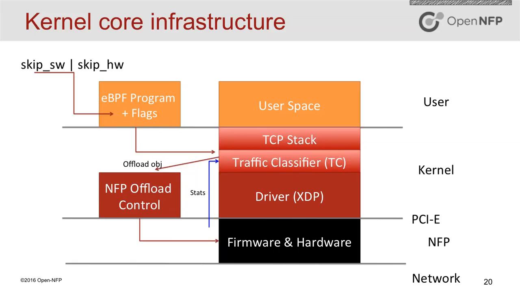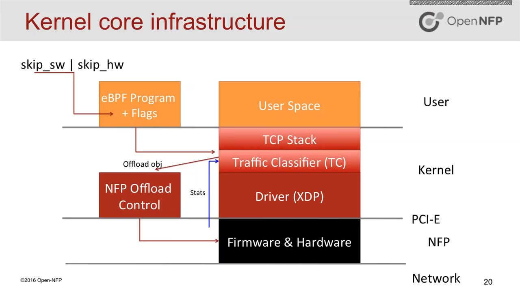Apart from adding the flags, we added the entire path on the left-hand side. That is, when the Traffic Classifier gets the program and the optional flags, it will pack the program with some metadata and internal information into what we call an offload object, and that object is handed to the driver.